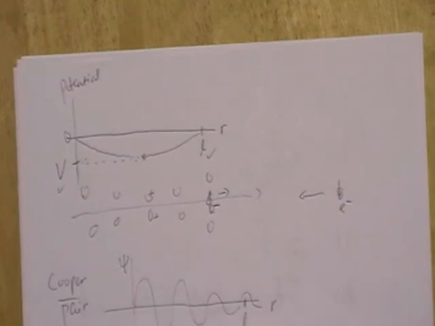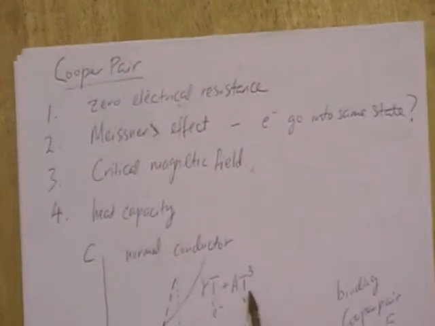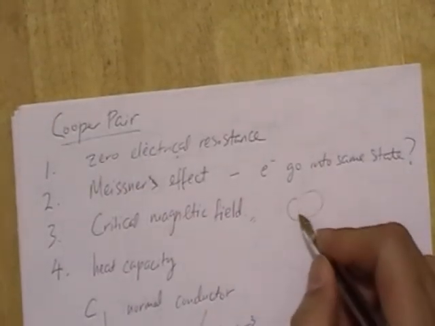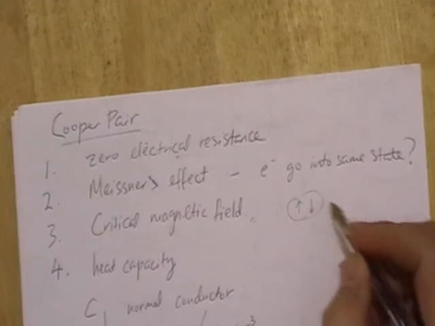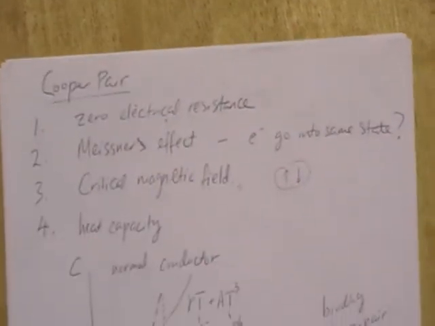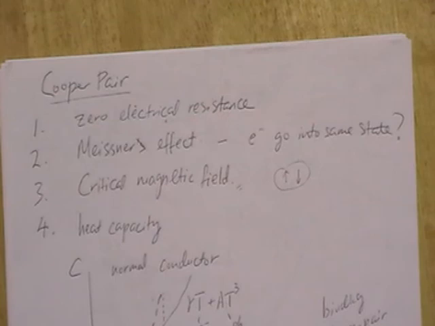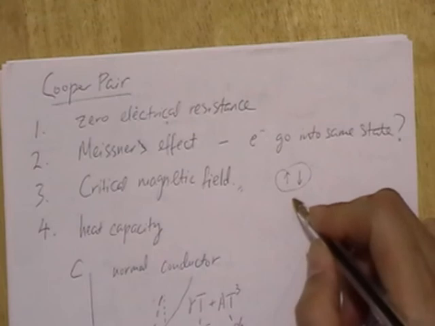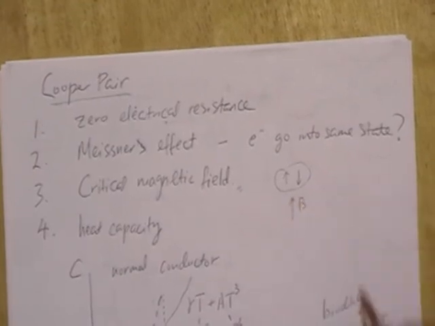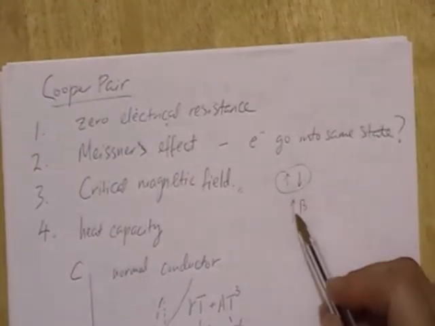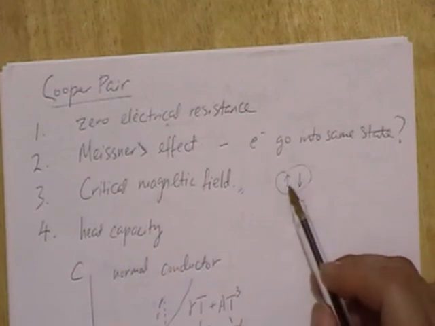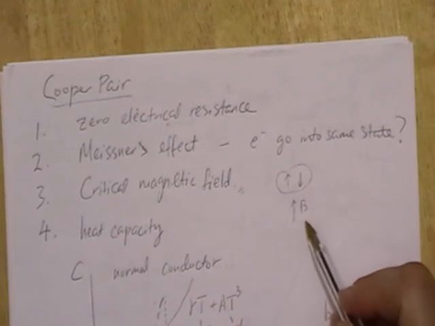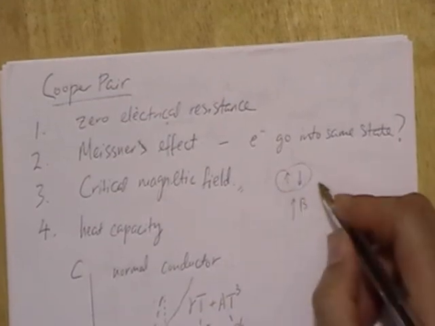So coming back to this property about the critical magnetic field, we would therefore expect a Cooper pair to have a spin up and a spin down electron pairing up. Now what happens if we apply a magnetic field to this? Then if the field is big enough, it would force both the spins to align with the field, to point in the same direction as the field.